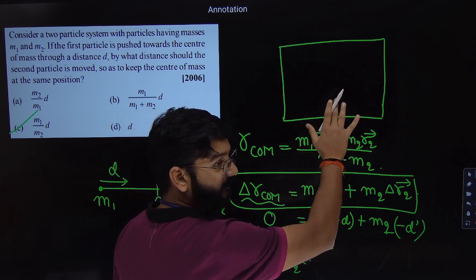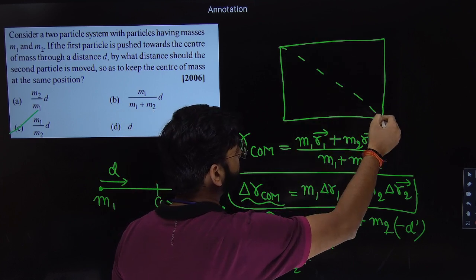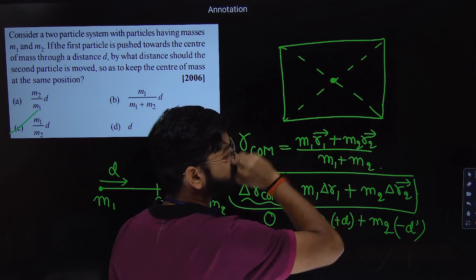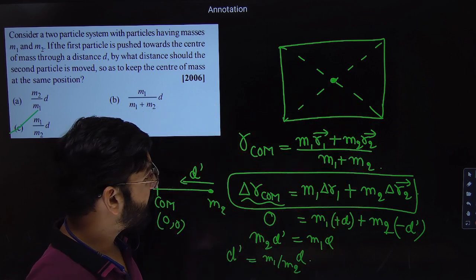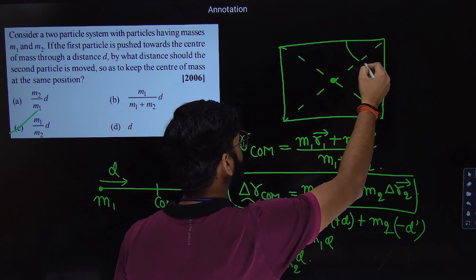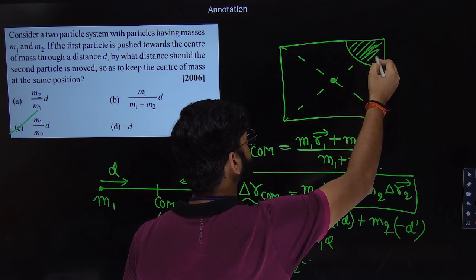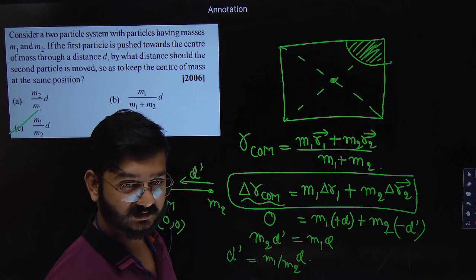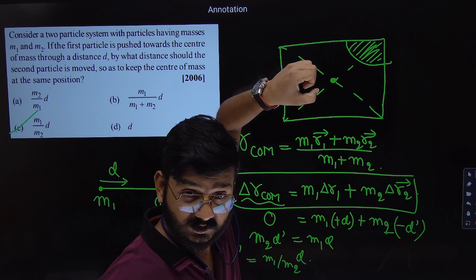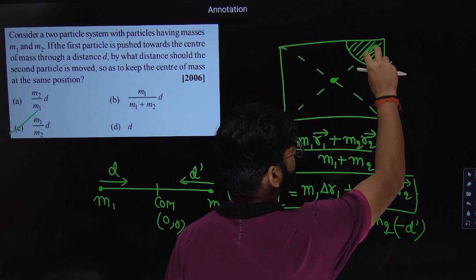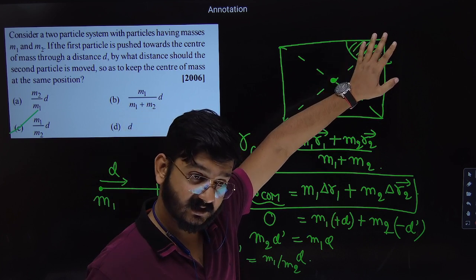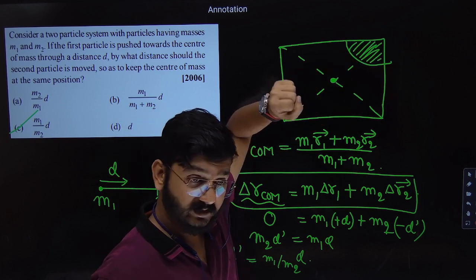If it is a square plate, you will say the center of mass will be at its geometrical center. I am telling you that from this square plate, you remove this much mass. It is still square. Only this much mass is removed. Here it will be hollow. I'm not cutting the boundary. The boundary is still there, but it is hollow from here.